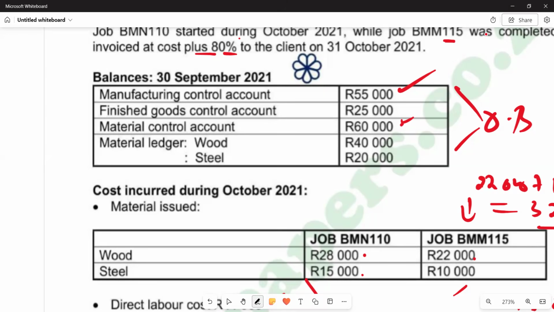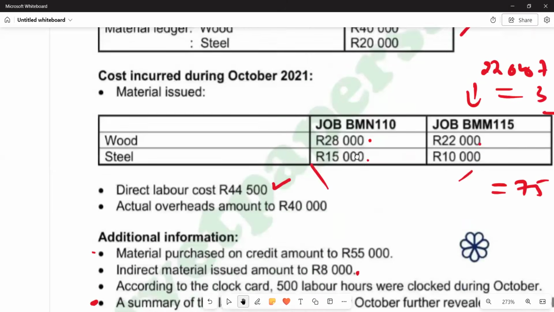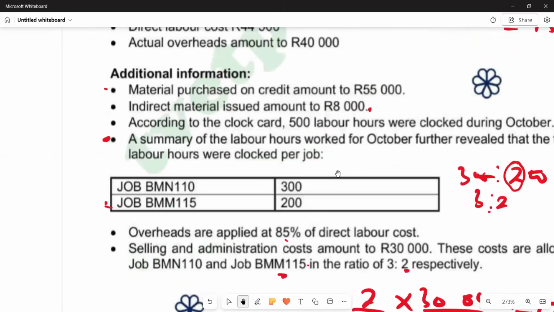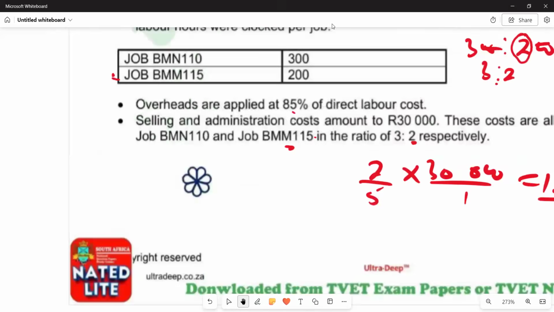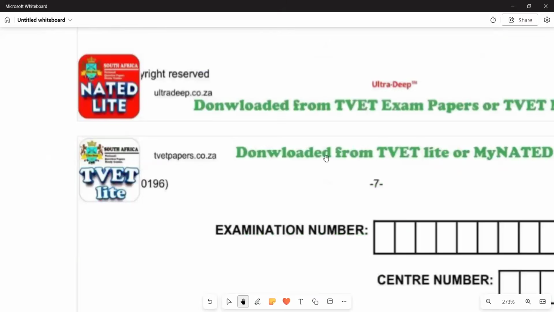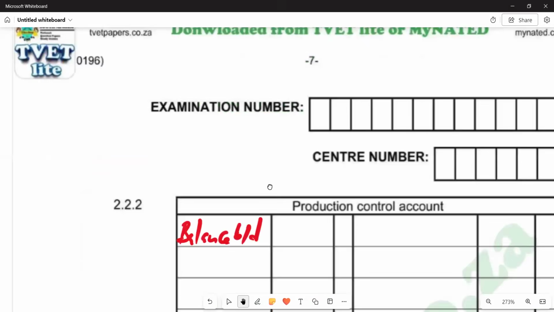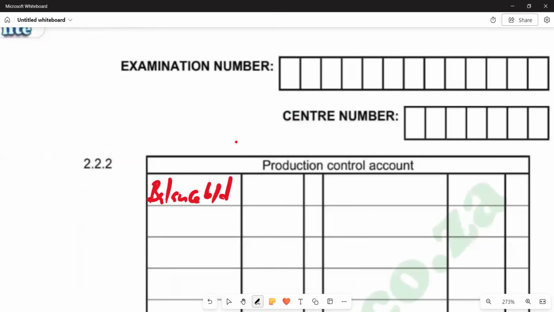So whatever we have for BMM 115 is going to apply for the overall. So for production control, we are also going to pick 55,000 as our opening balance. Then we go there and put that one as 55,000. So here we are saying 55,000.